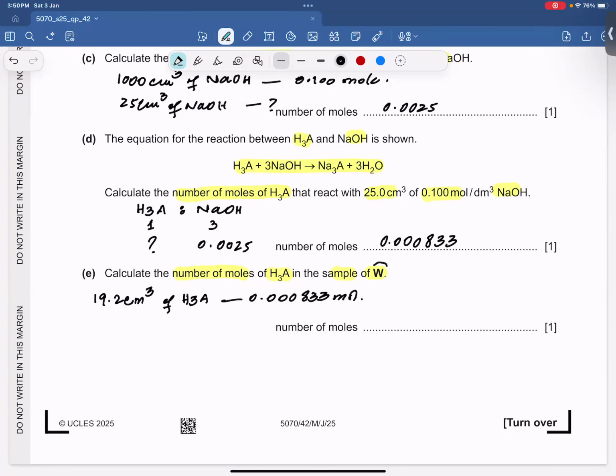So how much volume do we have in W? 100 cm cube, if you remember. So if 100 cm cube volume is used, so how much more do we have? 19.2. 4.34 into 10 to the power minus 3.